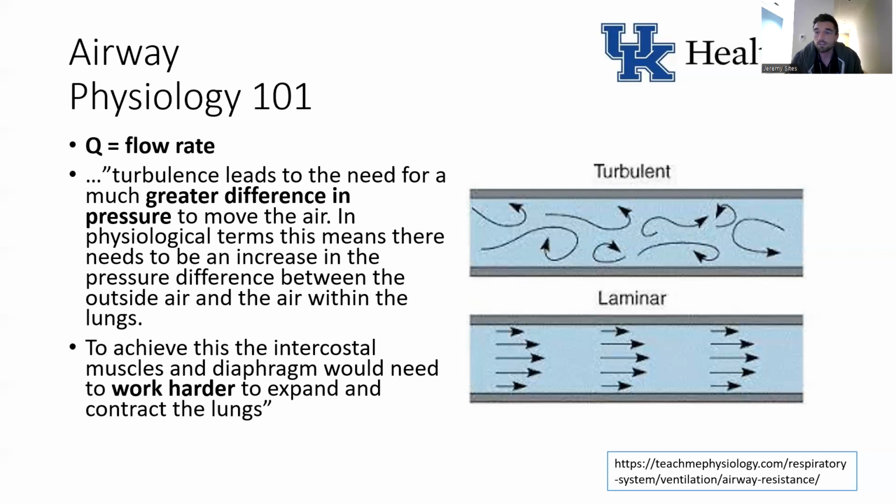Well, to increase the airflow, you're going to have to increase your delta P, and the body does that by generating larger negative pressure within the chest and increasing the work of breathing by a number of methods, which we'll see in the next slide. So I think that captures what I want you to understand about turbulent and laminar airflow, a very important concept in terms of respiratory disease.